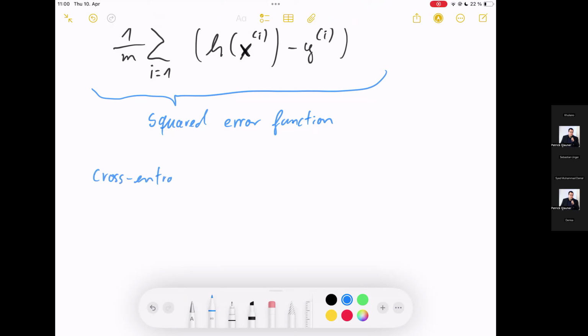The cross entropy is a different error function that typically works better for classification problems. You can, for now, also just continue with your squared error, nothing wrong with it. But for classification functions, you would use the cross entropy typically. We'll later briefly look into the slides what the cross entropy looks like.